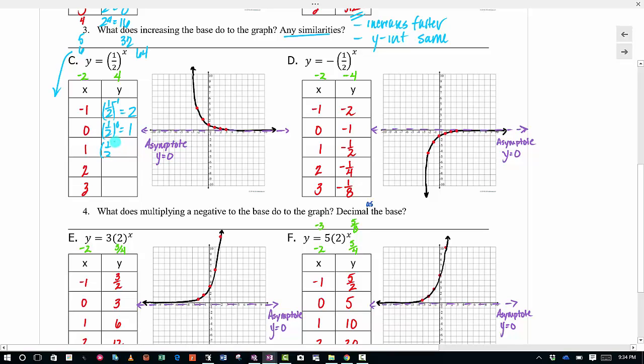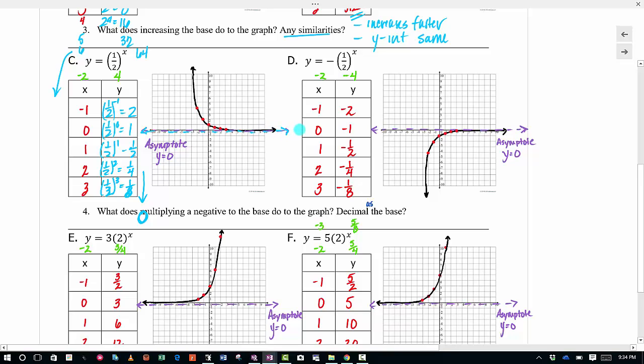And 1/2 to the 1 power doesn't change anything, it stays 1/2. 1/2 to the second power, or squared, means square both. 1 squared is 1, 2 squared is 4, so it goes to 1/4. And then finally the next one is a half cubed, so we get 1/8. And you can see that those points are plotted there. So it's getting infinitely close to 0, but it's never going to touch it, hence our asymptote. That's where that asymptote comes from.